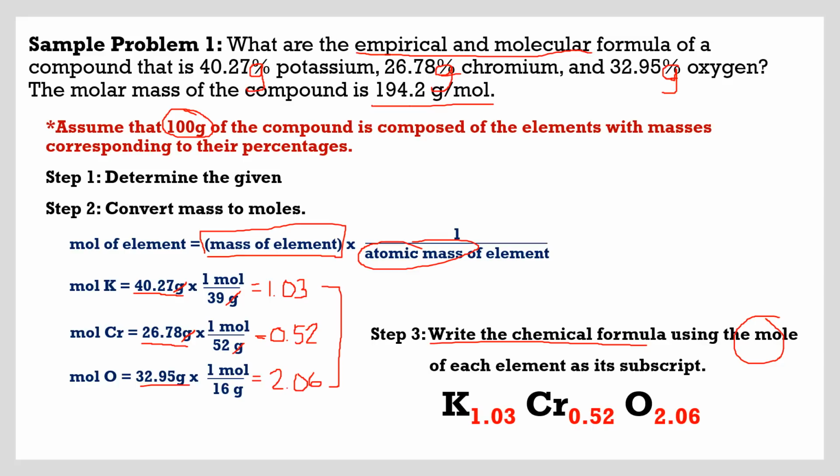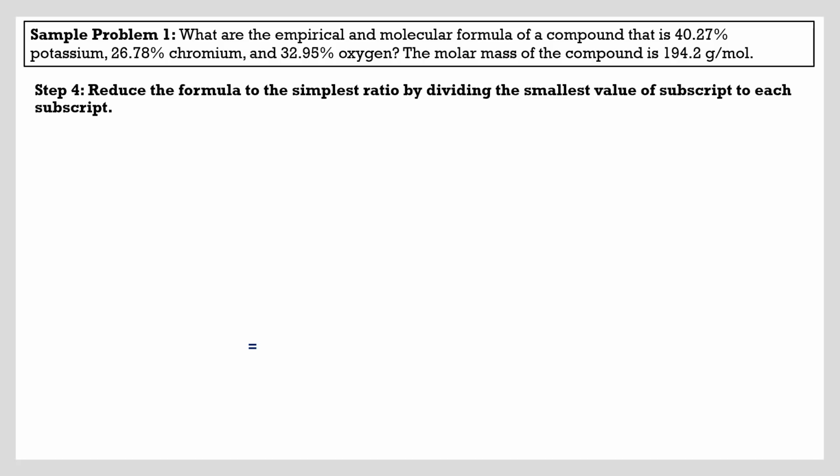Now if you can notice, the subscripts are expressed in decimal numbers. And we all know that chemical formulas are not expressed in decimal numbers. It must be in whole numbers. So the question is, how are we going to make these decimal numbers into whole numbers? That will be the next step.